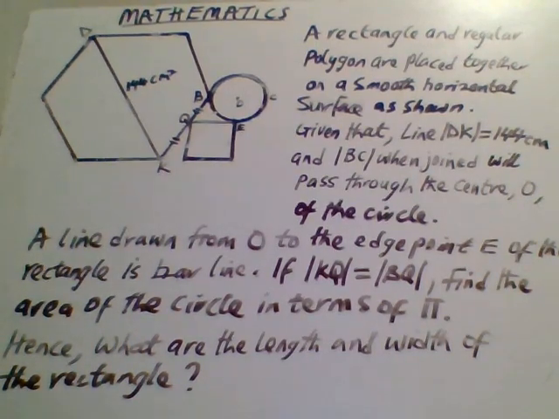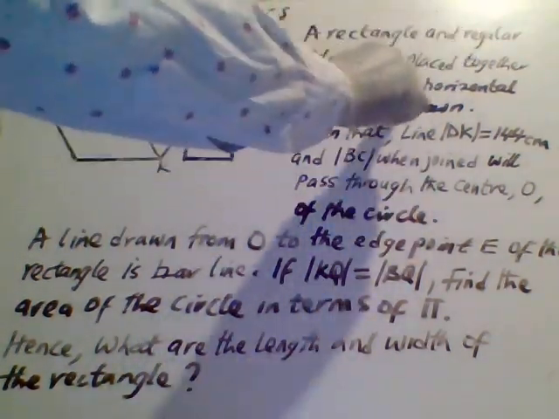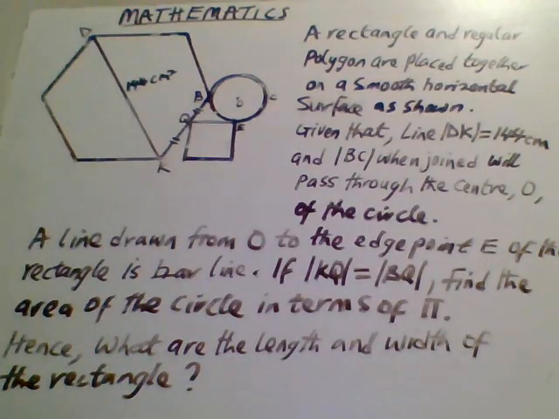So a rectangle and a regular polygon are placed together on a smooth horizontal surface as shown.